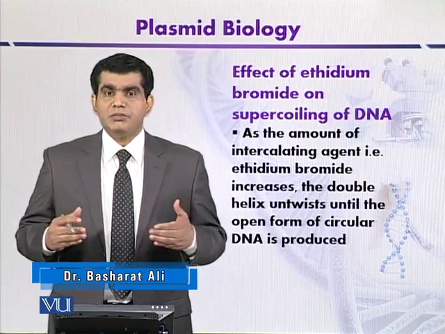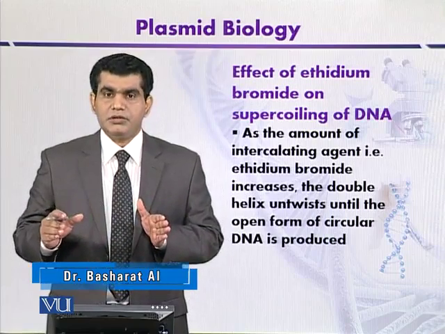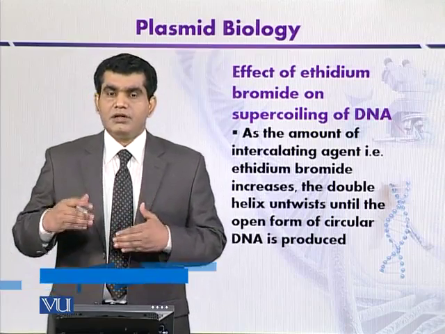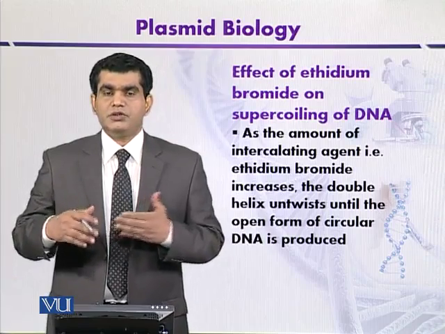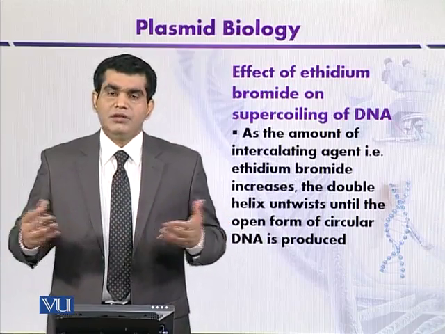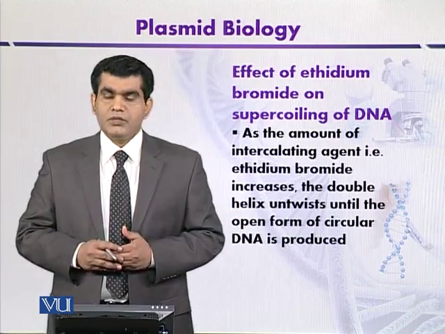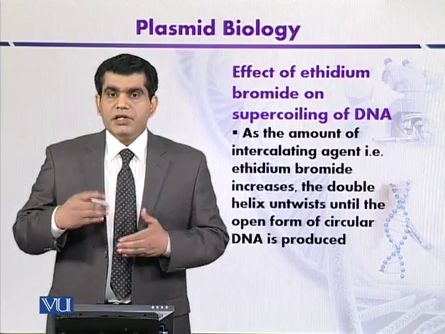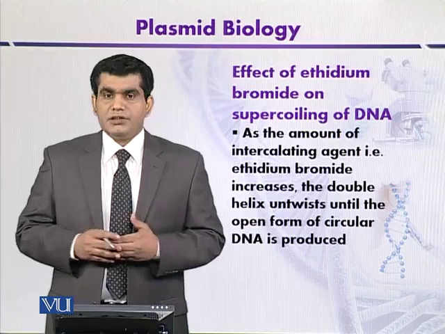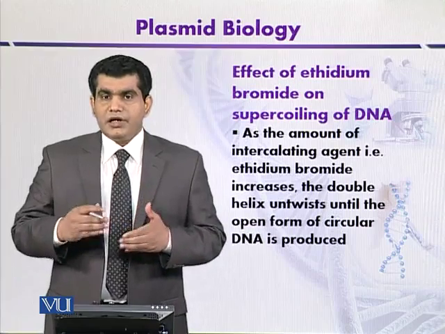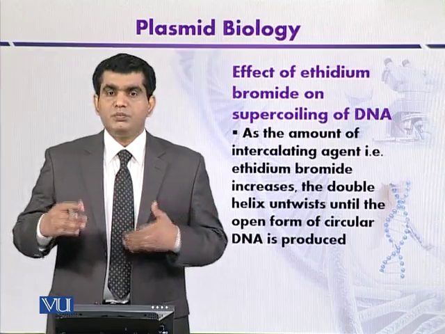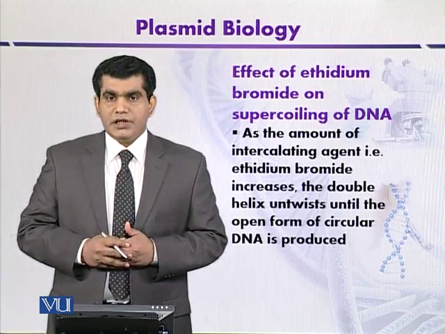Intercalation means the reversible addition or insertion of a chemical into certain compounds like the DNA. When it intercalates into the DNA, it can also affect the supercoiling of the DNA.